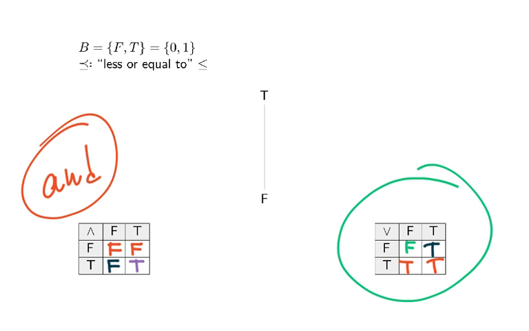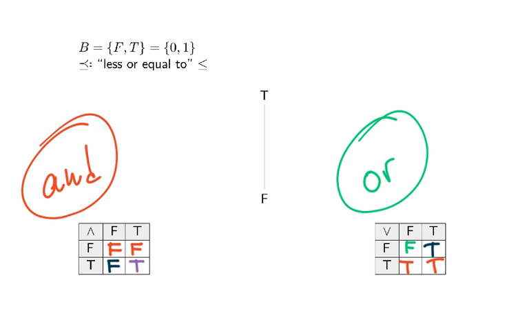That may remind you of the truth table for the operator OR. This is exactly what this table is.